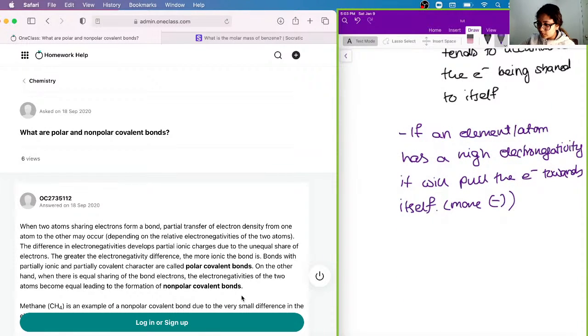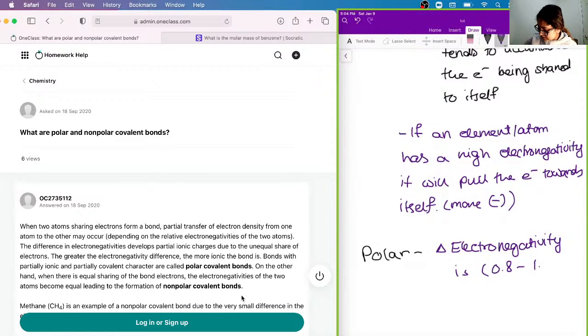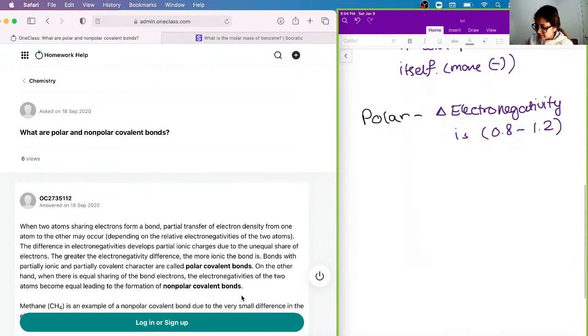When you're talking about polar bonds, this is where your electronegativity difference is between about 0.8 and 1.2 or something like that.